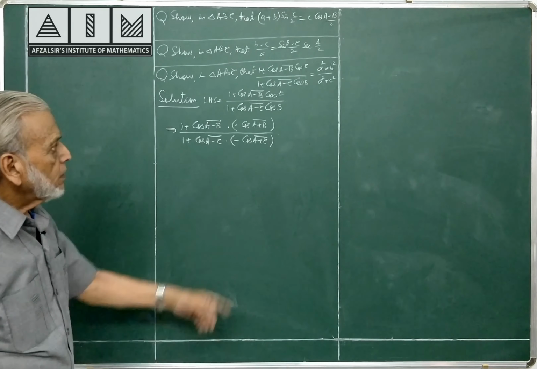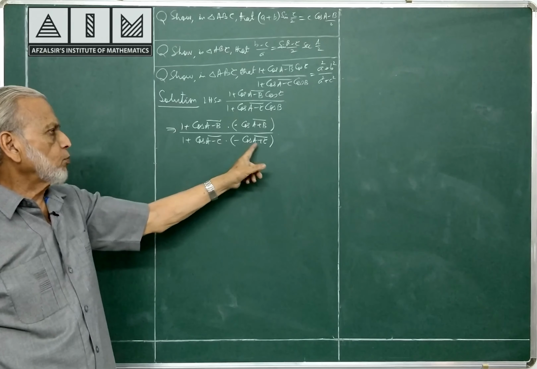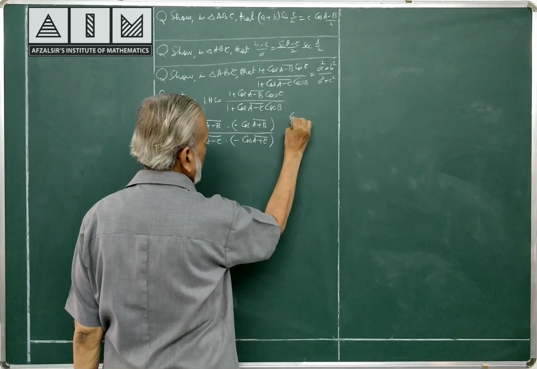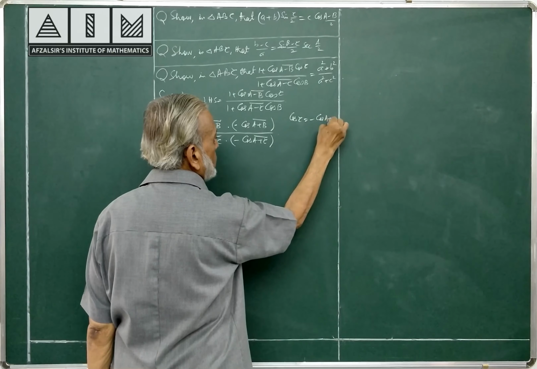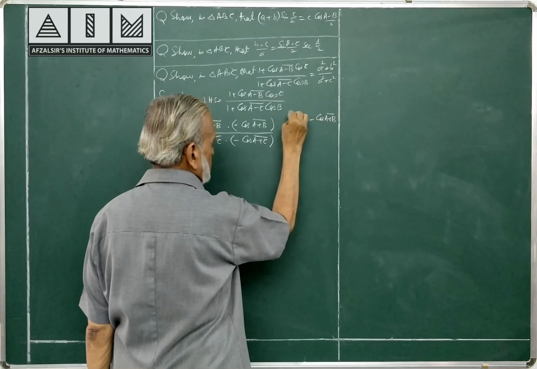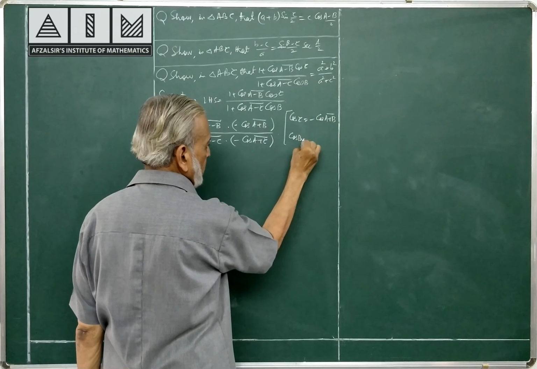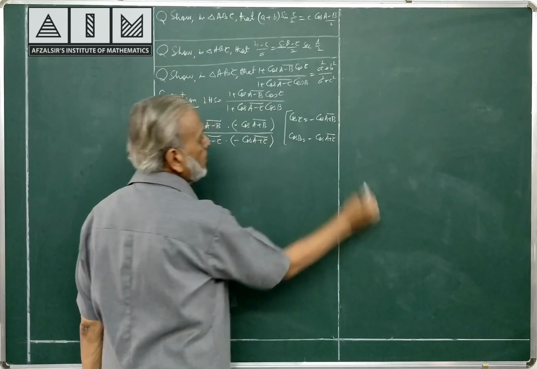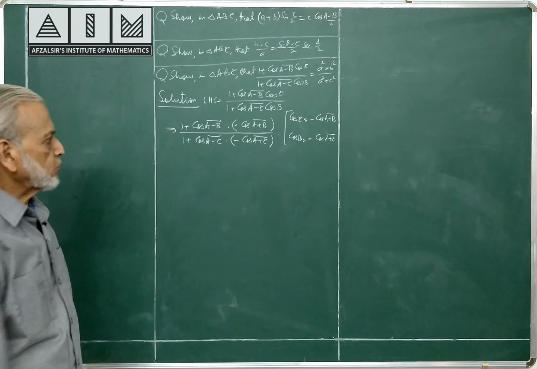Understand the work done: cos C is equal to minus cos(A + B) and cos B is equal to minus cos(A + C). I am writing for your reference. This has already come in the previous work, that is why no further explanation is needed now.